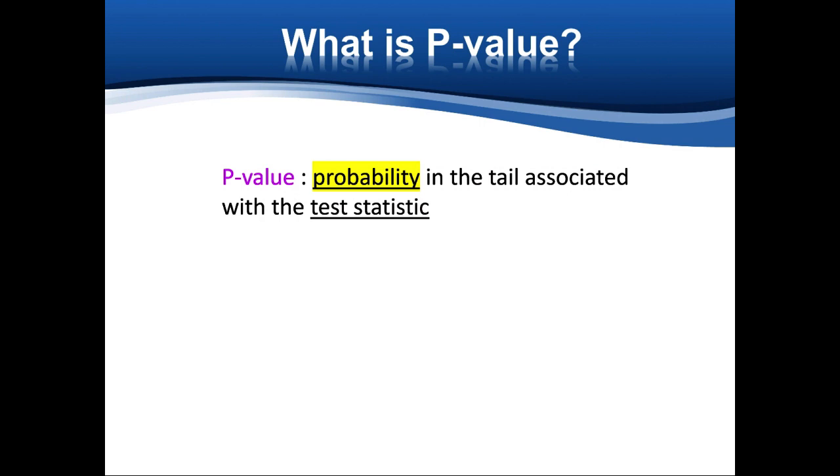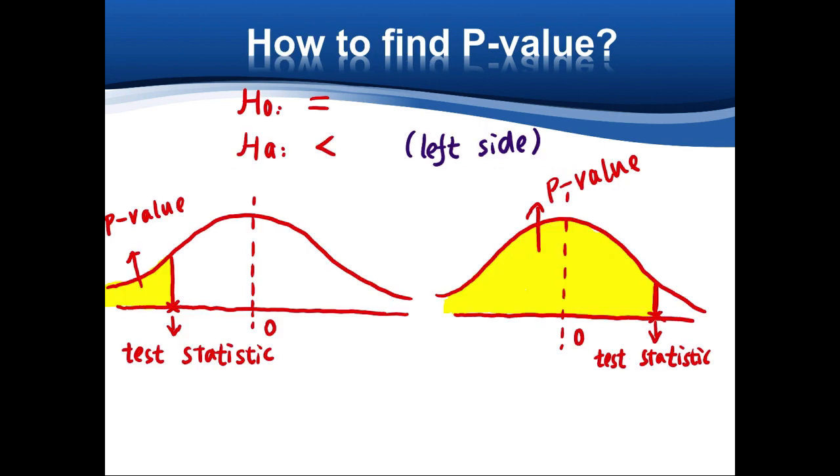So p-value is probability. Probability in the curve plot is area. I will draw the curve for you to understand the concept of p-value. How to find p-value? You need to see the HA first.